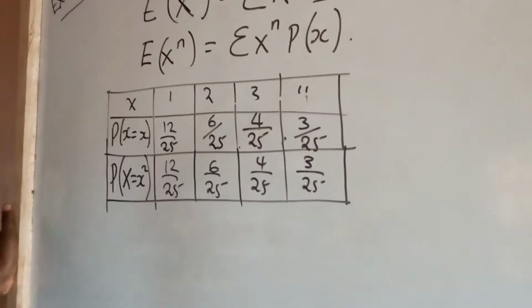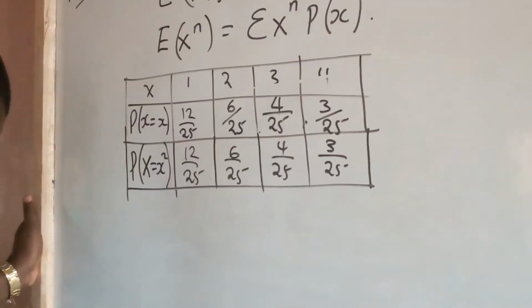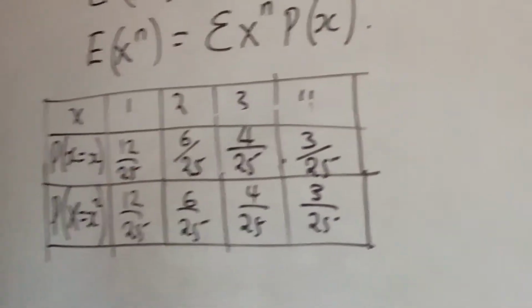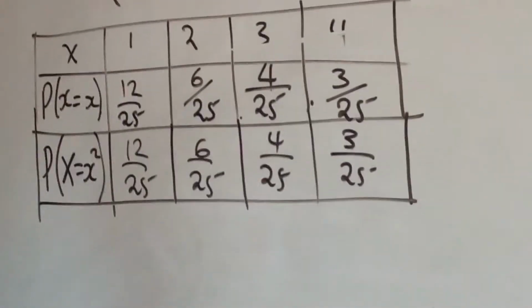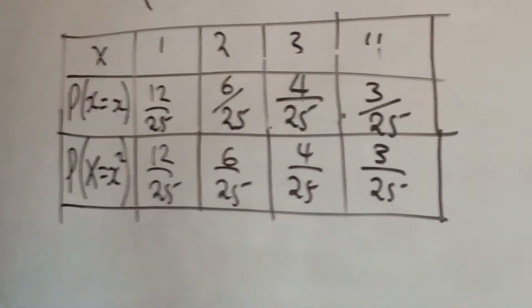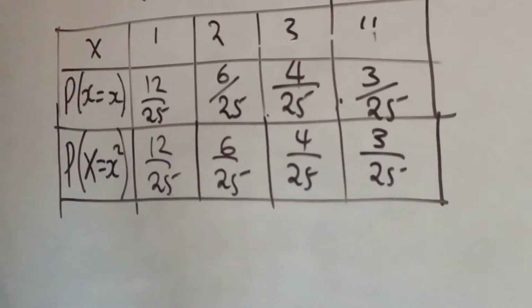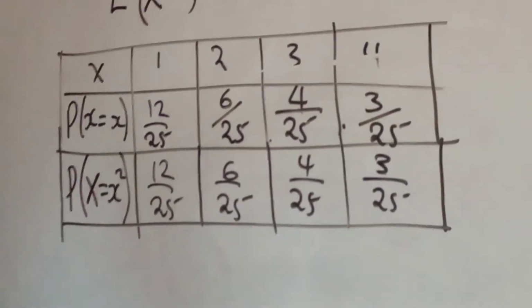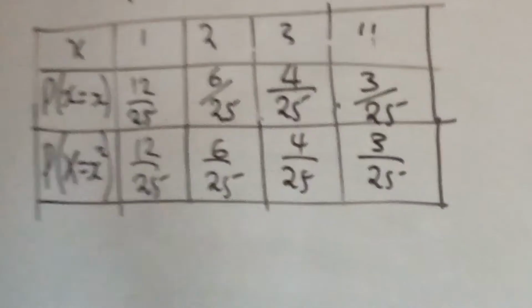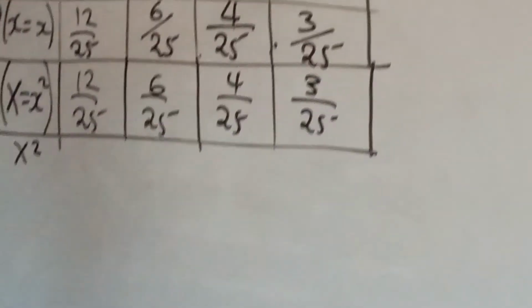Part B of the question is, write the expected value of x squared. And before we can do that, I think we can continue to produce our table here so that we can capture all the values that we need. Can we first of all bring the x squared there?